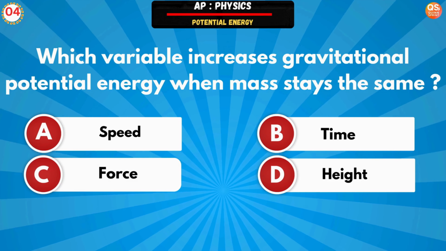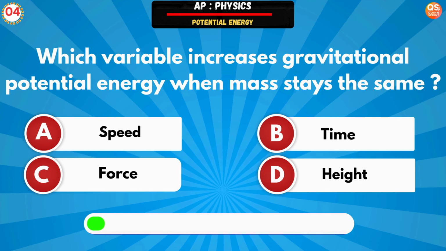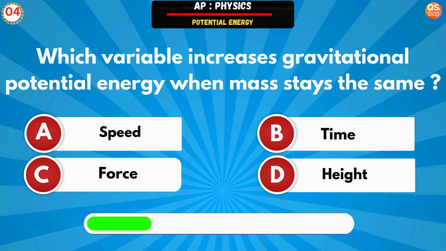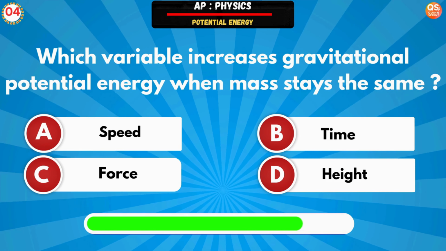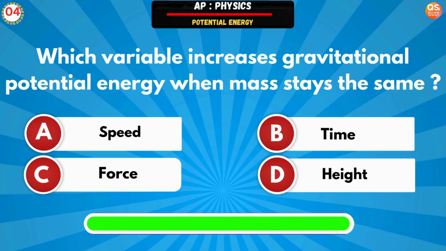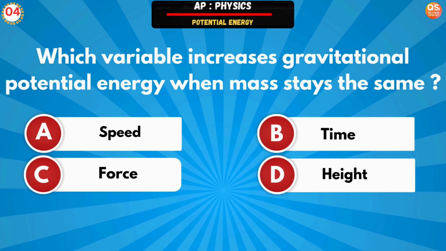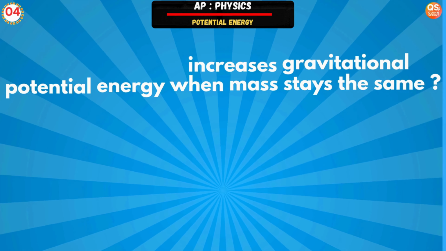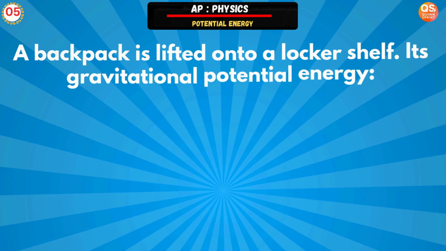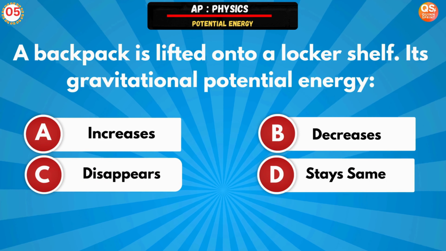Which variable increases gravitational potential energy when mass stays the same? Height. A backpack is lifted onto a locker shelf.